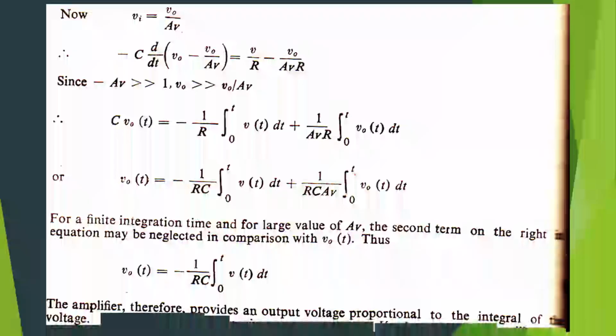For a finite integration time and for large value of AV, the second term on the right hand side of the above equation may be neglected in comparison with V0 of t. Thus, output V0 of t equal to minus 1 by RC integral 0 to t V of t dt. The amplifier therefore provides an output voltage proportional to the integral of the input voltage. Thus, it acts as an integrator.